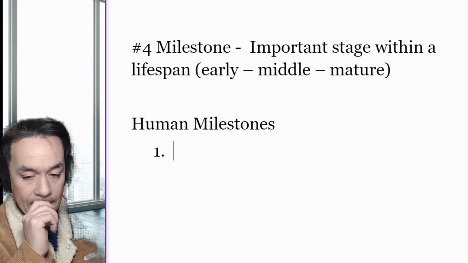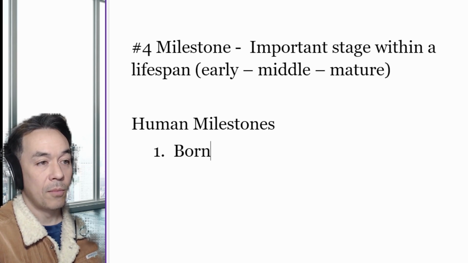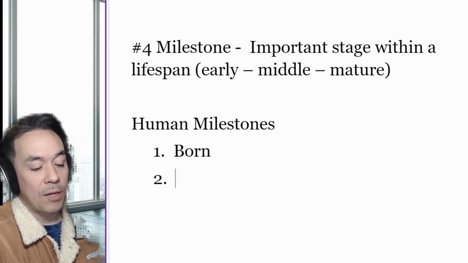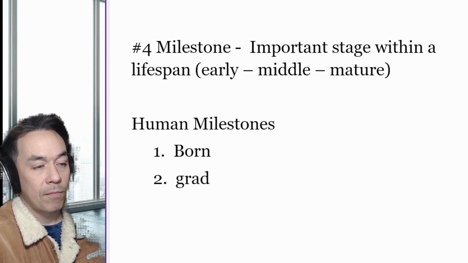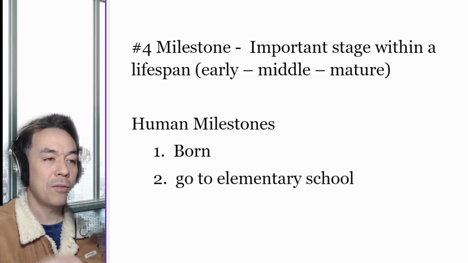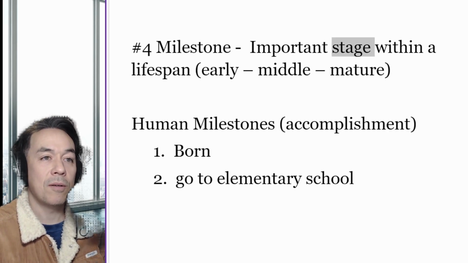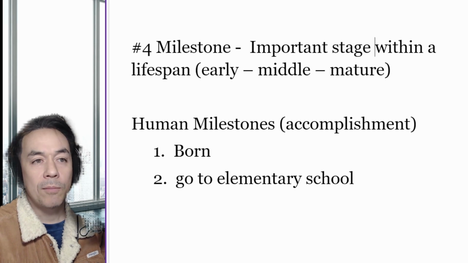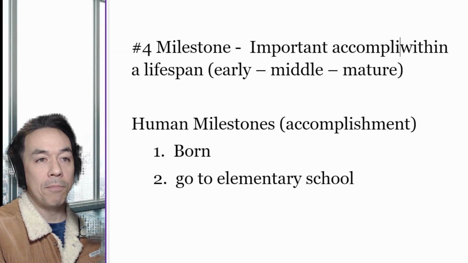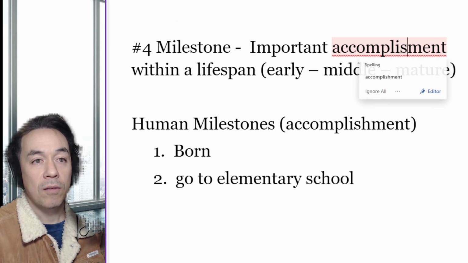I guess the first one, you're born. Then what happens? I guess you maybe go to elementary school. But usually milestone means some kind of accomplishment. Yeah, that's actually true. Important stage, important accomplishment.